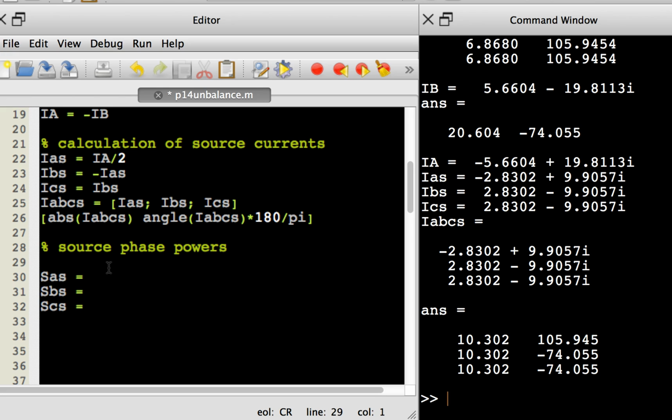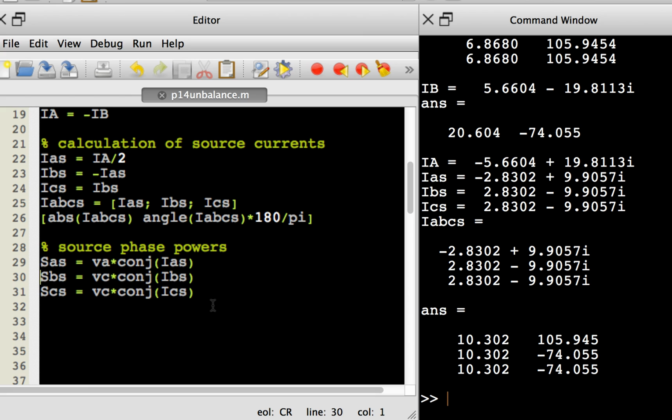So what is this? VA into conjugate of IAS. This is BS and this is CS. So again, this is a very simple formula I'm just writing for calculating the complex powers. These are from the source.